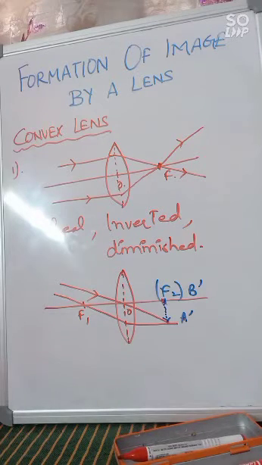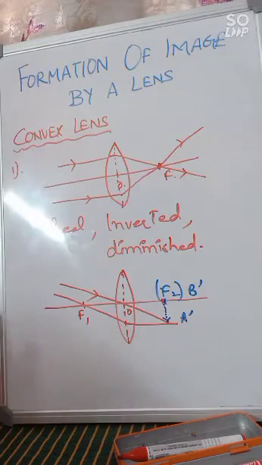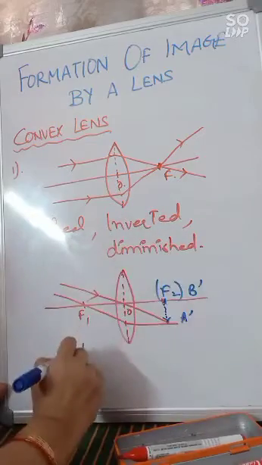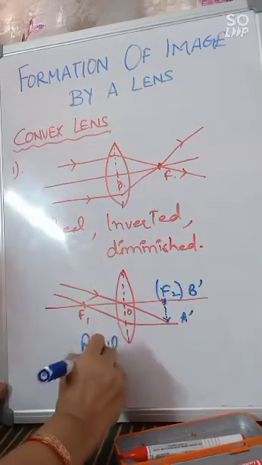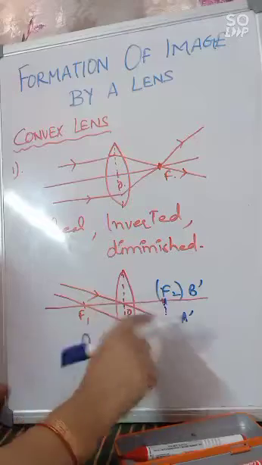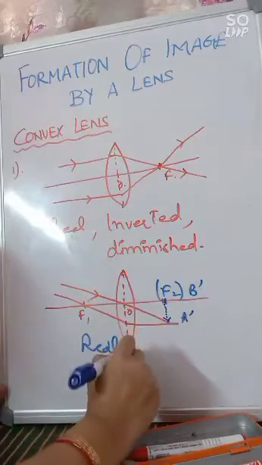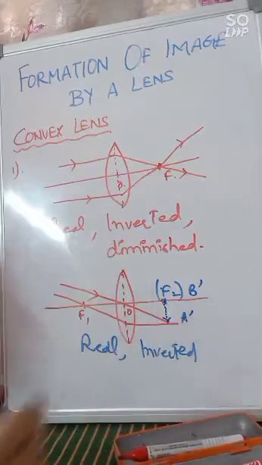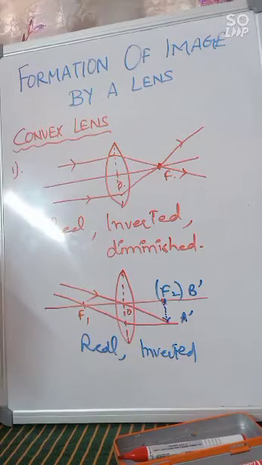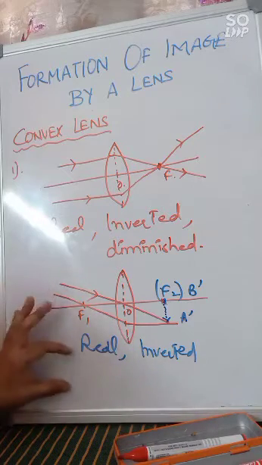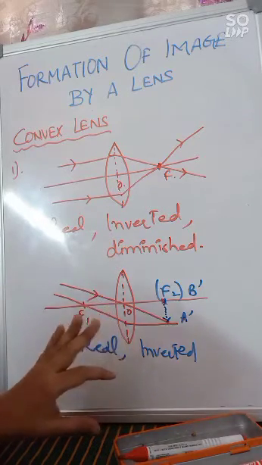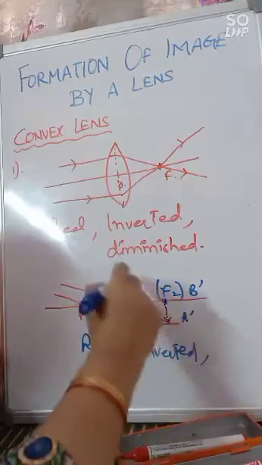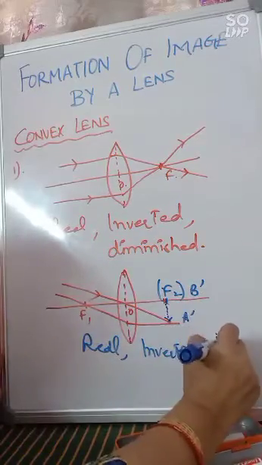Again, it is on the other side of the lens, that's why it is going to be real. I have written A dash B dash, so an inverted image will be formed. When we talk about a real image, it is inverted. Whenever we talk about a virtual image, it is erect. So it is real, inverted, and highly diminished.